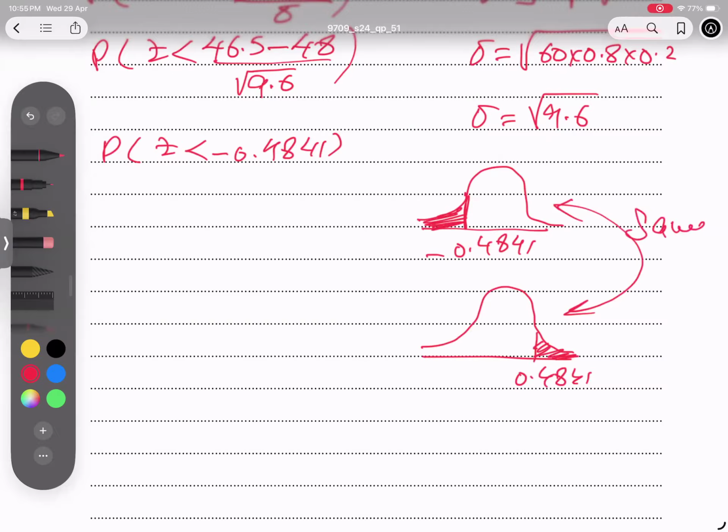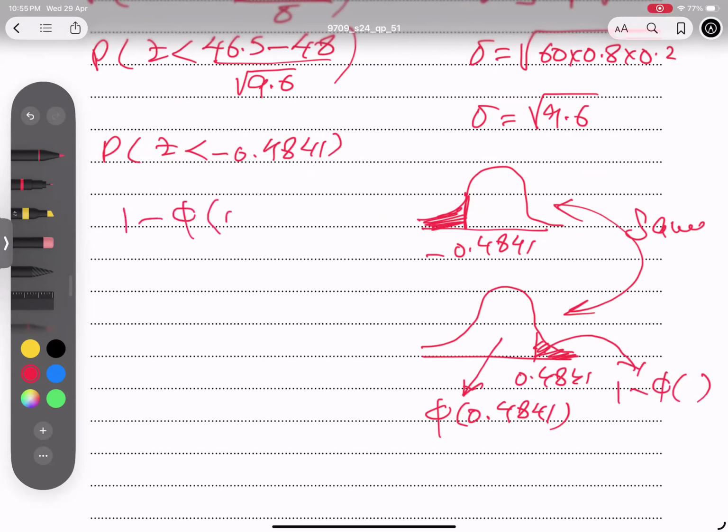The white region is phi of 0.4841, but I'm looking for this portion, which is 1 minus phi of 0.4841. Now, students, we have to check the table for the value.